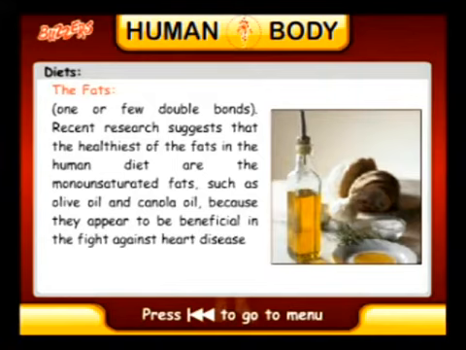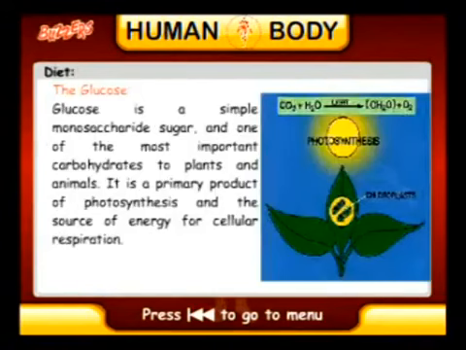Recent research suggests that the healthiest of the fats in the human diet are the monounsaturated fats, such as olive oil and canola oil, because they appear to be beneficial in the fight against heart disease.